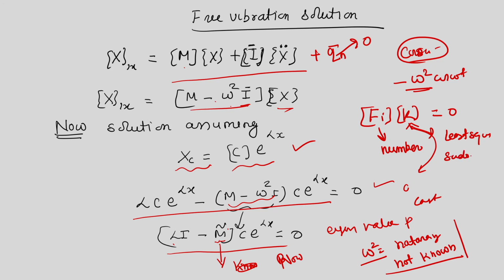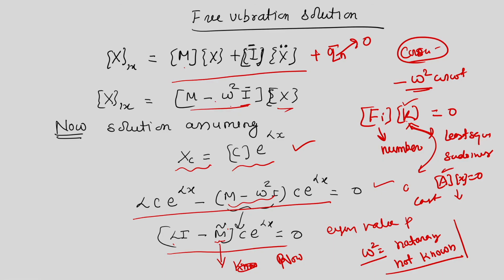These methods are generally used to find the non-trivial solution of a homogeneous system of linear algebraic equations. So we can find this k. If you substitute the value of k, you can find the mode shapes. Once you find the values of all the constants, then C is basically f into that constant k, and that gives you the mode shapes.